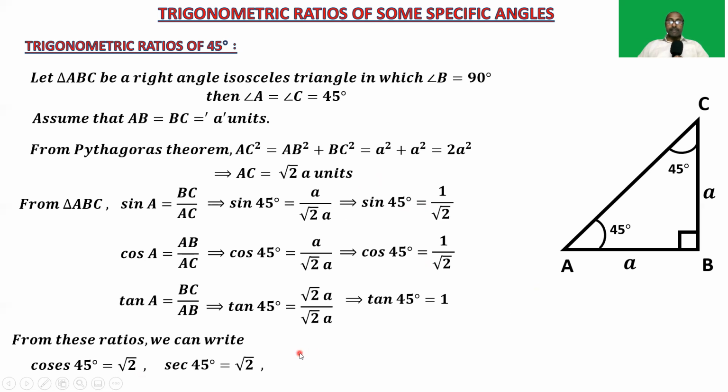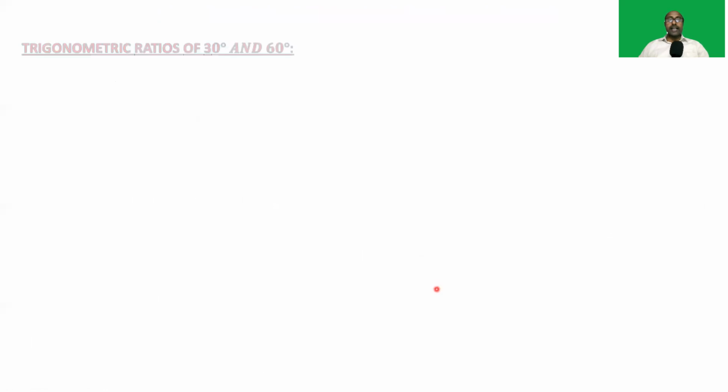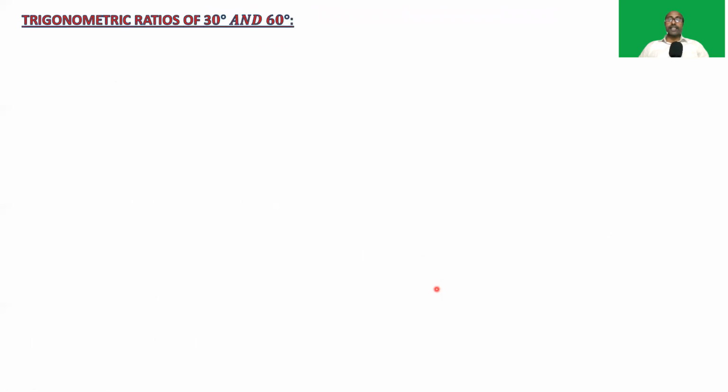And the multiplicative inverse of tan 45 degrees is cot 45 degrees, which is 1. Okay, students, so these are the trigonometric ratios of the angle 45 degrees. And next, let us see the trigonometric ratios for 30 degrees and 60 degrees.